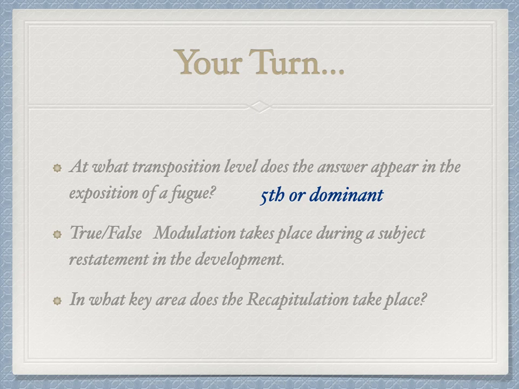True or false? Modulation takes place during a subject restatement in the development. The answer is false. Modulation will take place during an episode. Finally, in what key area does the recapitulation take place? That will be the original tonic key.